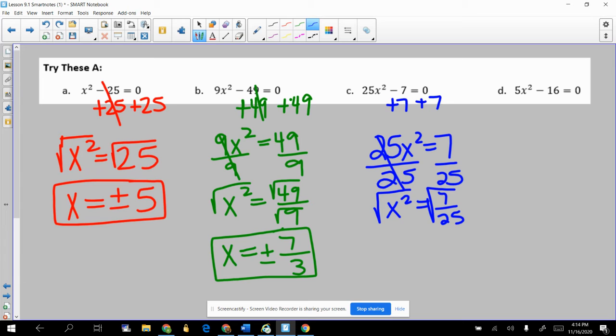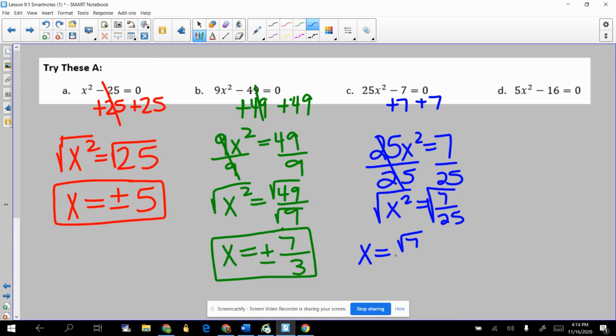And remember, that's like taking the square root of the top and the bottom separately. So square root of x squared, we're left with x equals square root of 7, we don't know. Square root of 7 is not a perfect square, so we're going to leave that as written under the radical. Okay, and just like what we talked about in class, we cannot simplify that radical at all, so we're just going to leave it as square root 7.